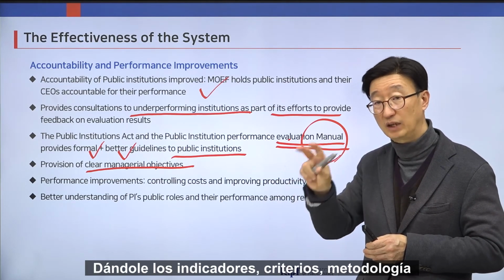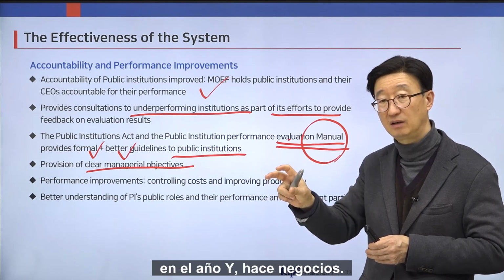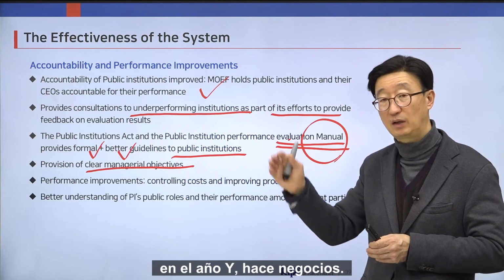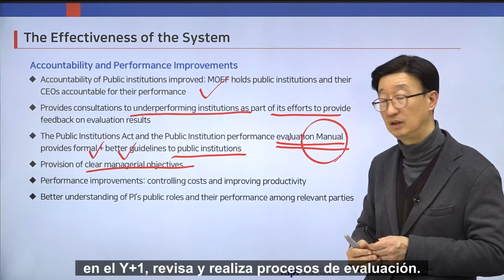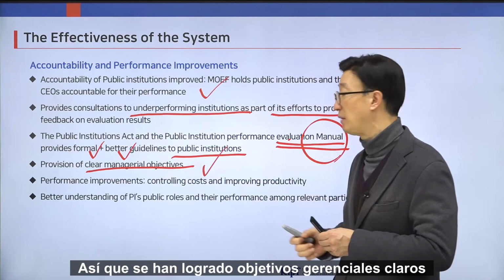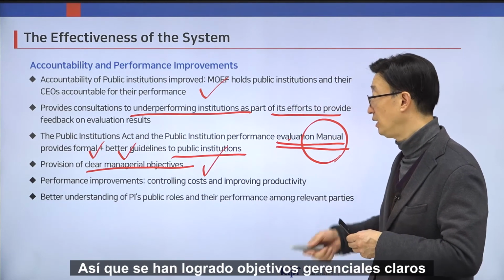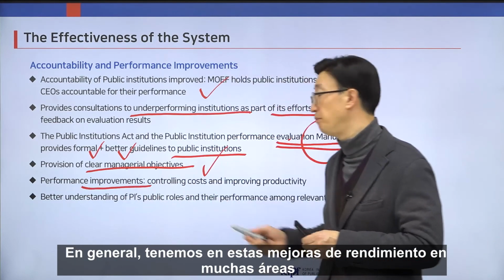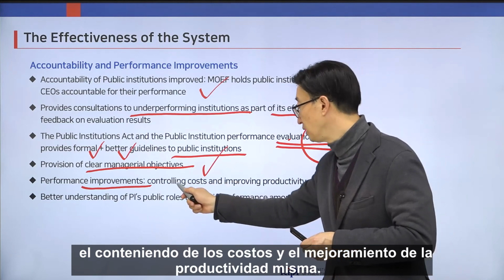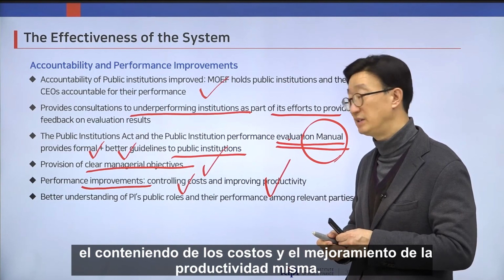By giving you the indicators, criteria, and methodology. In year Y, you conduct business. And in Y plus 1, you review and conduct the evaluation process. So clearer management objectives have been achieved. And overall, we have witnessed performance improvements in many areas by containing cost and improving productivity as well.